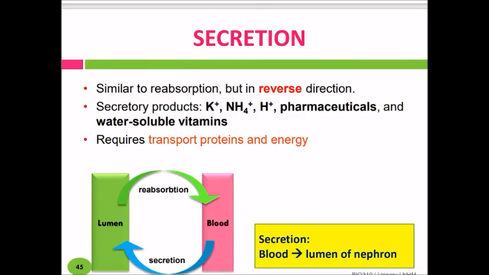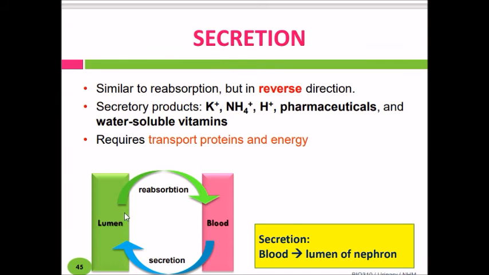Okay, the last process that happens in the nephron of the kidney, for the urinary system and also the excretory system, is referred to as the secretion process. The secretion process is similar to the reabsorption process, but it is vice versa.